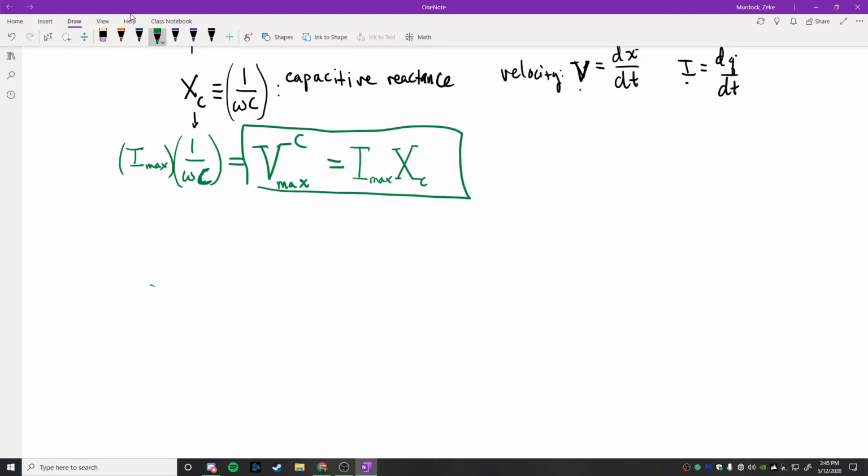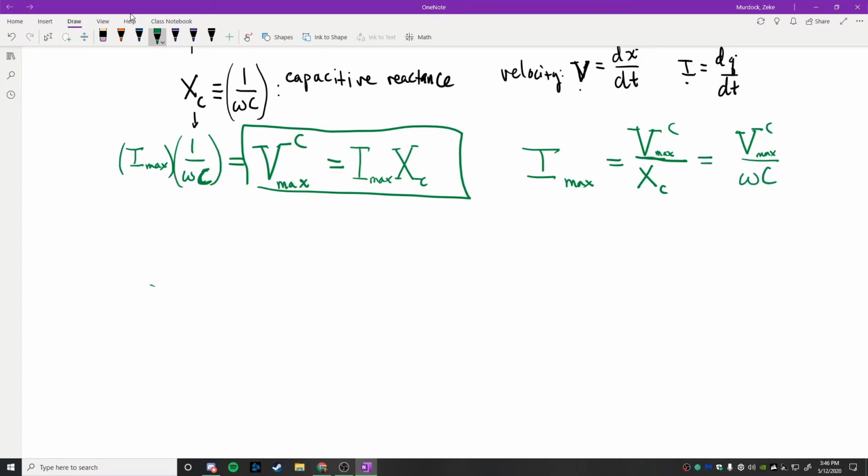And what it tells you is that the maximum current in your system is reduced by this quantity. So this is Vmax across the capacitor. It's reduced by X sub c. And what is X sub c? Well, you can see right over there what it is. It's equal to omega c, right?